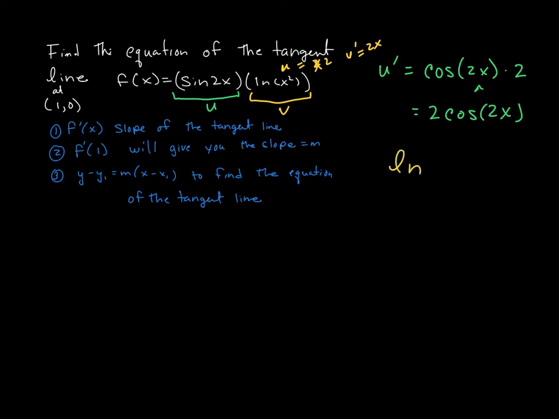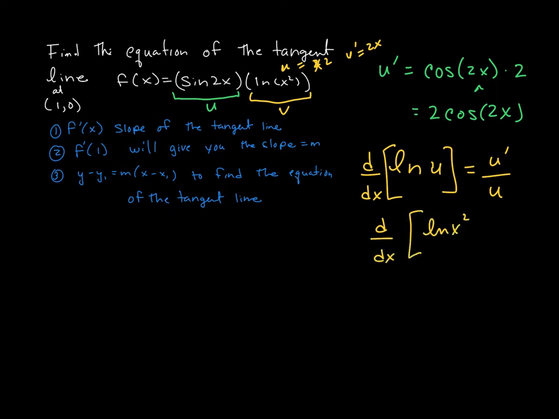If you ever have the natural log of u, d dx of the natural log of u is equal to u prime over u. So this gives us d dx of the natural log of x squared gives us 2x over x squared.